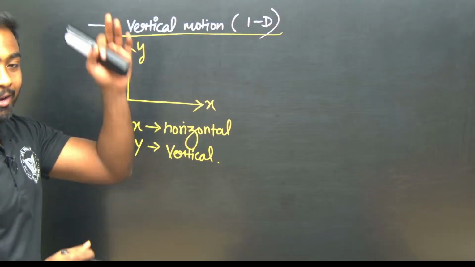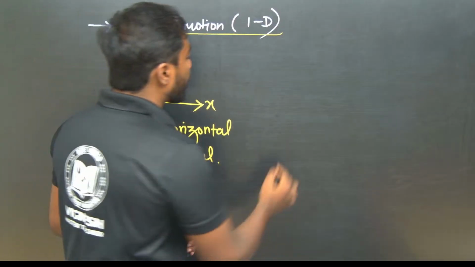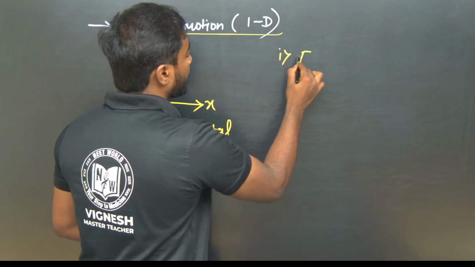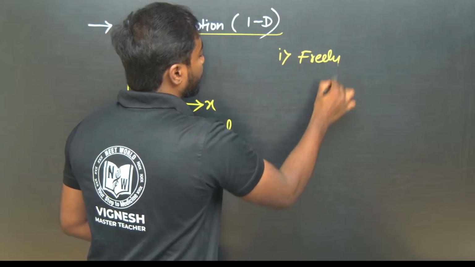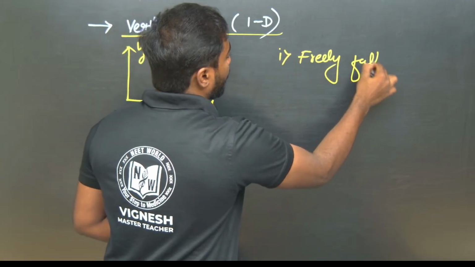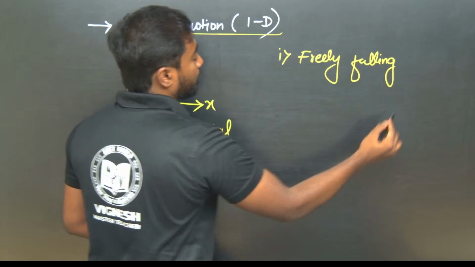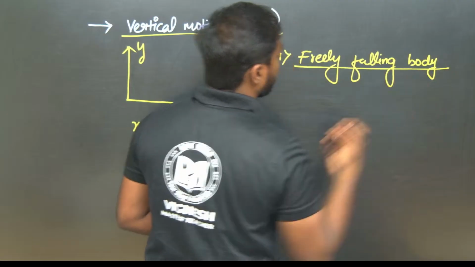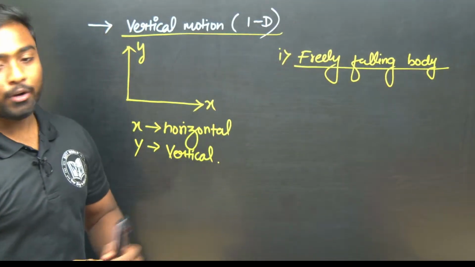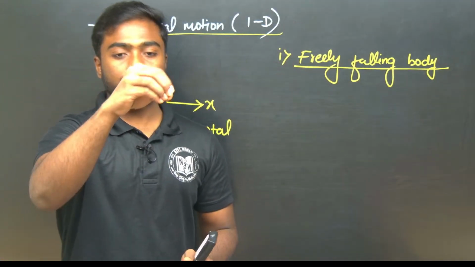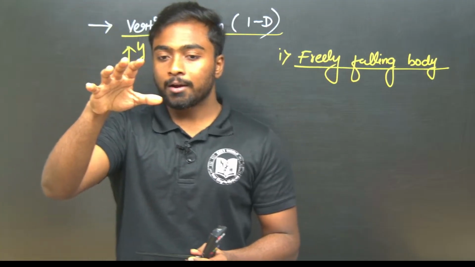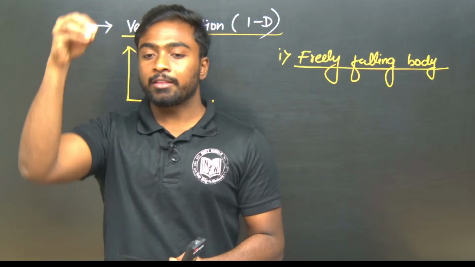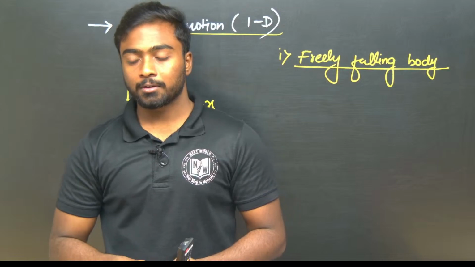Vertical motion. The first one we are going to see is the freely falling body. In a freely falling body, if I leave the object like this, which thing is taking the object to the surface?